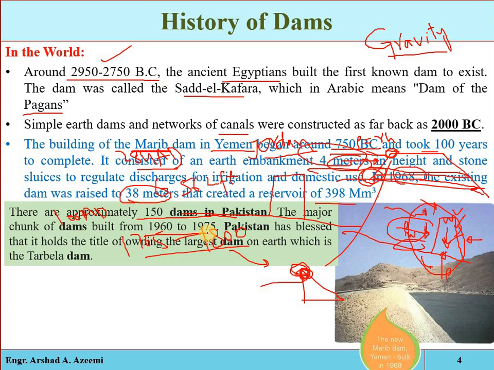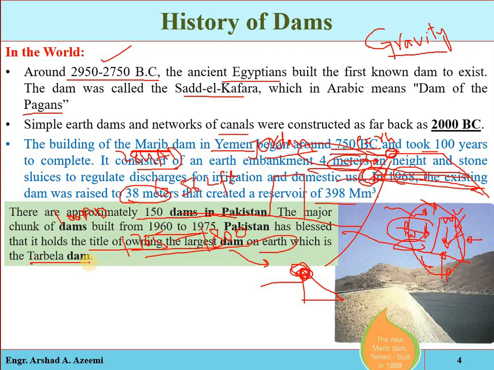And remember, Pakistan holds the title of the largest dam constructed from earthen material, and that is the Tharbela Dam. Remember, it is the largest based on the construction material.